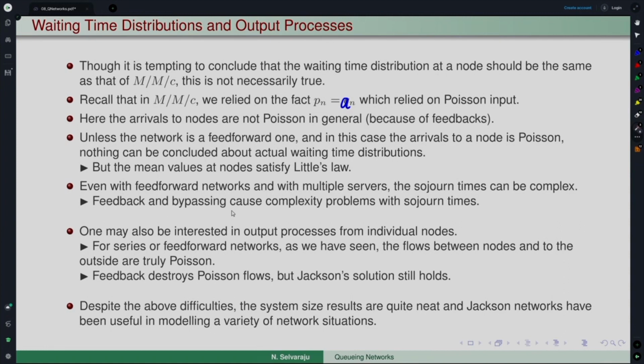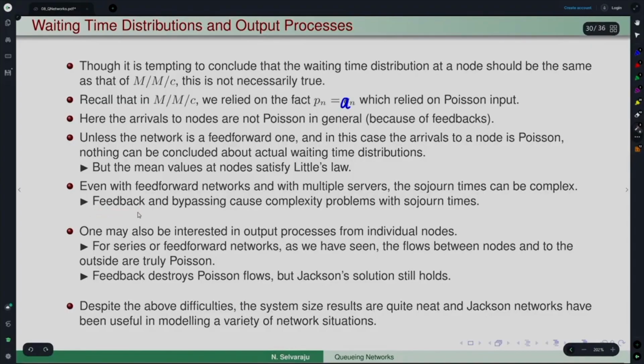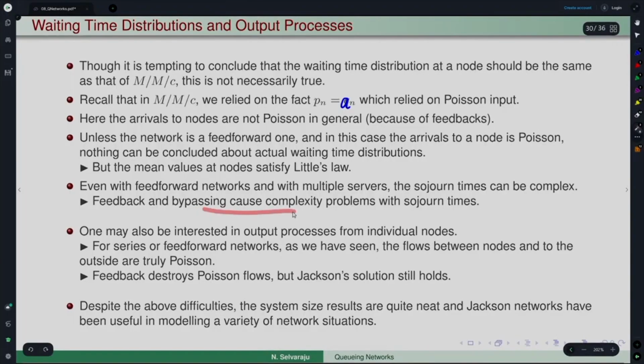Even in a very simple situation, this bypassing in multi-server systems and feedback in the case of a general Jackson network can cause, and actually cause, complexity problems in trying to determine the sojourn time.